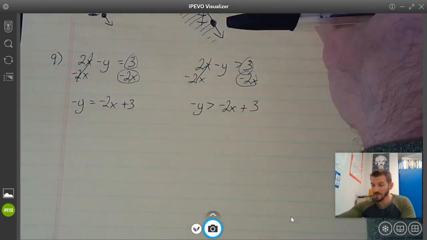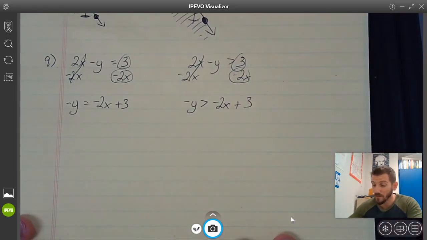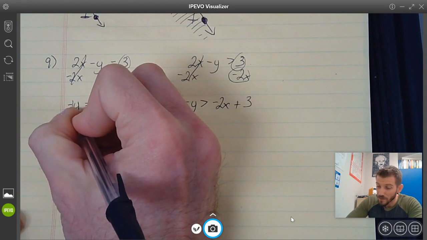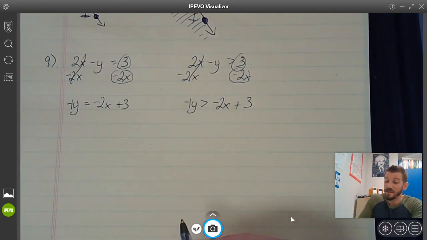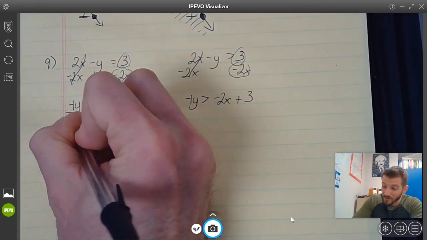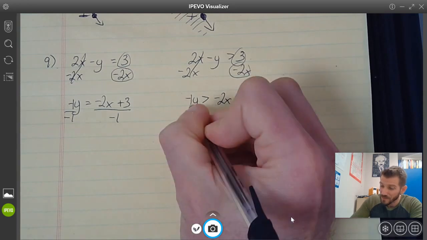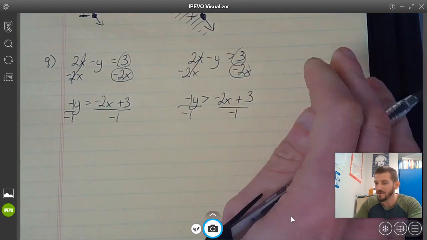So now, the final step, this gets a lot of people. What's in front of the y right now? Well, there's a negative 1 right in there. So to get rid of that, we have to divide both sides by negative 1. Same on this problem. Hopefully this is something standing out to you.